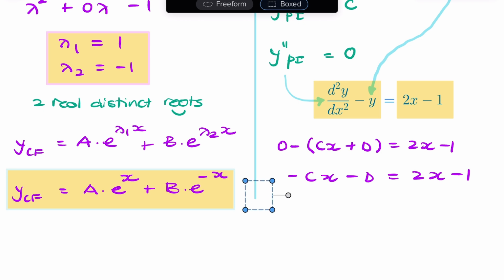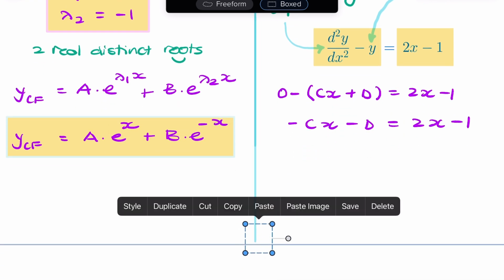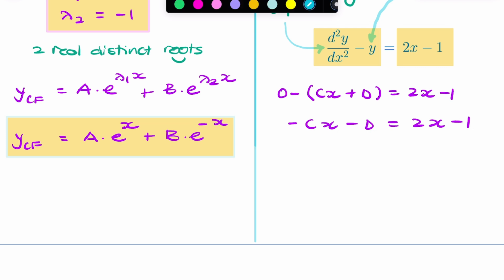Now, if you look at the coefficients, you can use the coefficient for x to figure out what c is. So if I look at the coefficient of x here, it's just 2. And the coefficient of x here is negative c. And those two have to be the same. So if negative c is 2, then c has to be negative 2.